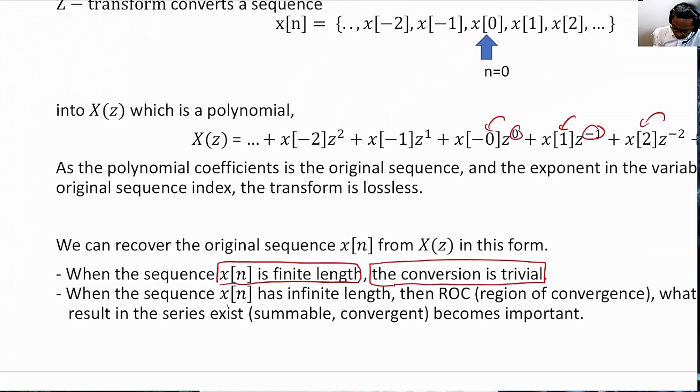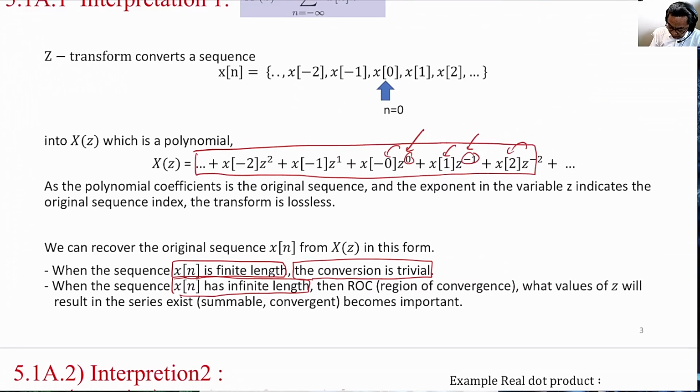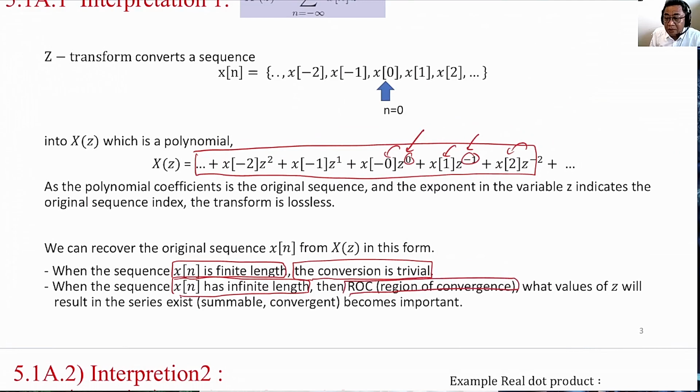However, when x of n is infinite, then it is important to choose appropriate z such that the series, this is a series because this is an infinite sum, can converge. So the region of convergence becomes important. We have to select particular values of z such that the Z transform exists. So that was studied under the topic of region of convergence.